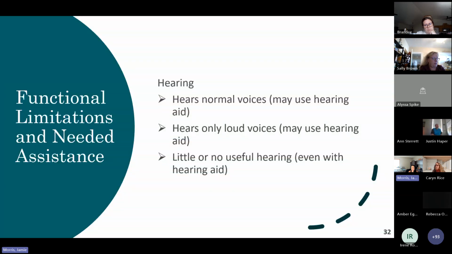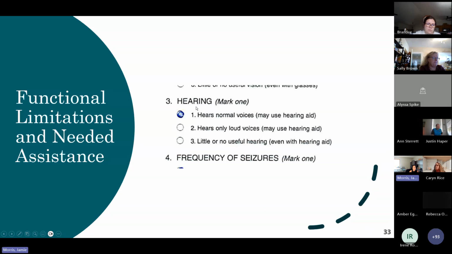So if she uses a hearing aid or some other type of prosthesis to function with, we would rate her function with the use of that. If they hear well and they use a hearing aid, then you can mark this one. So it's a marked 1 again, and for Michelle, there's nothing in her documentation that suggests she even needs a hearing aid. She hears normal voices.